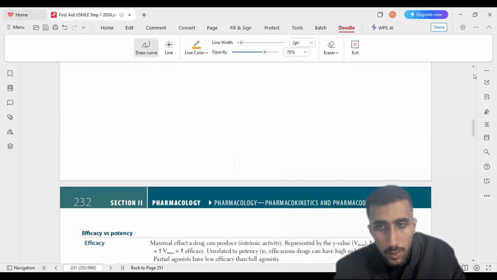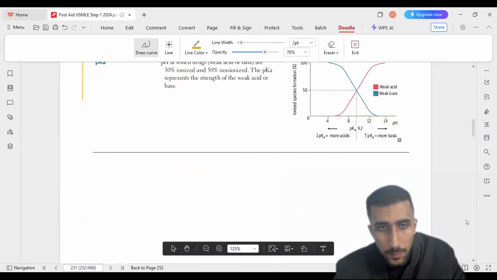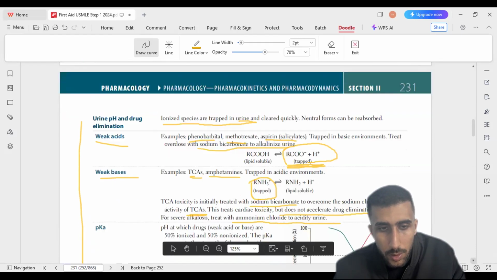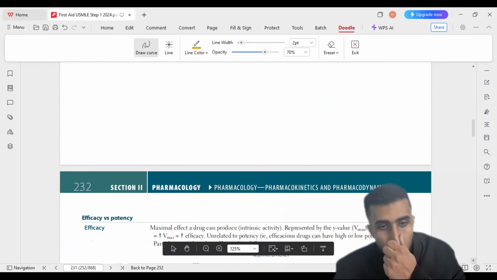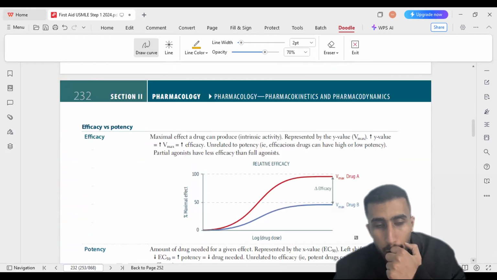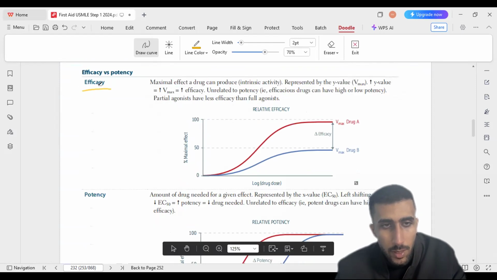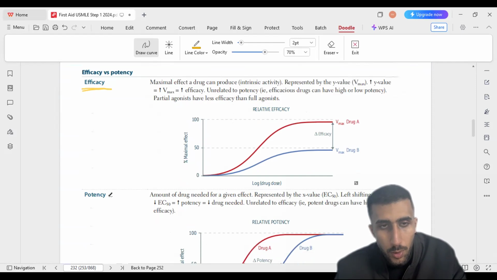So, efficacy versus potency. We talked about that earlier, but we're going to stress efficacy versus potency. Efficacy is the maximum effect which the drug can produce, which is the intrinsic activity.